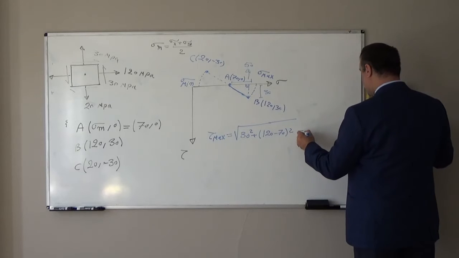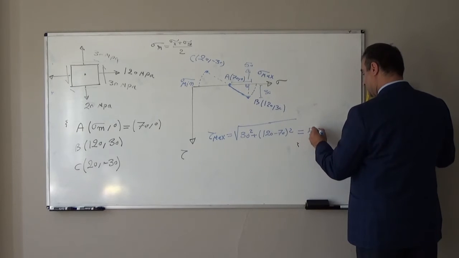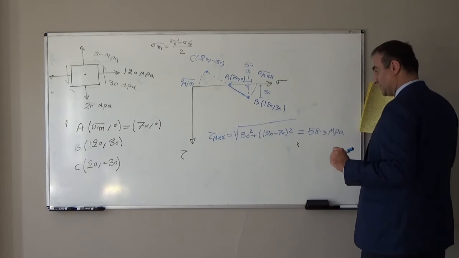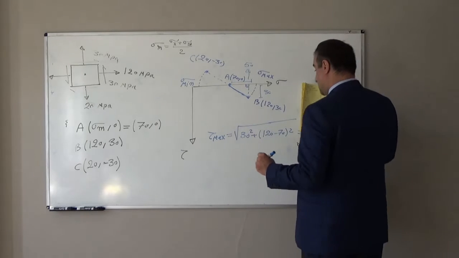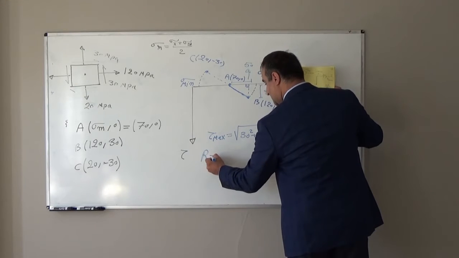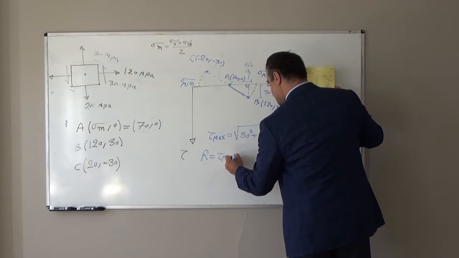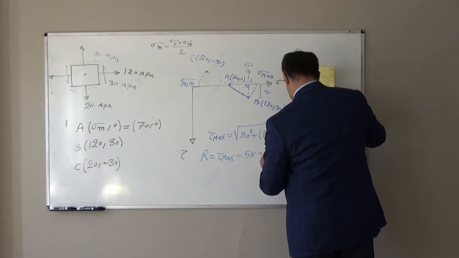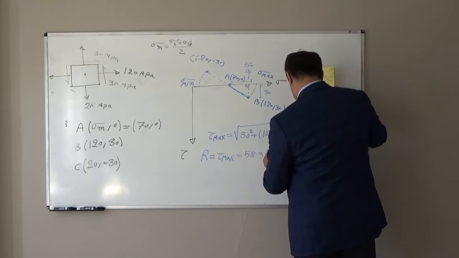From here, tau max will be equal to 58.3 megapascal. So R will be equal to tau max, which is 58.30 megapascal.